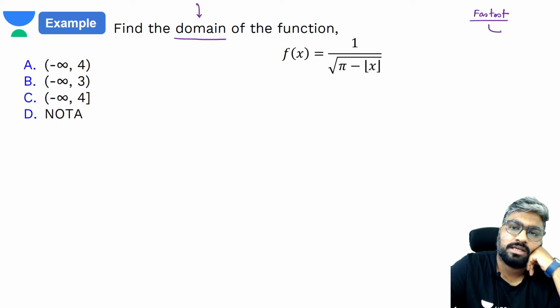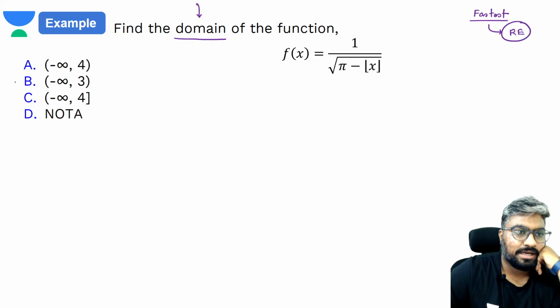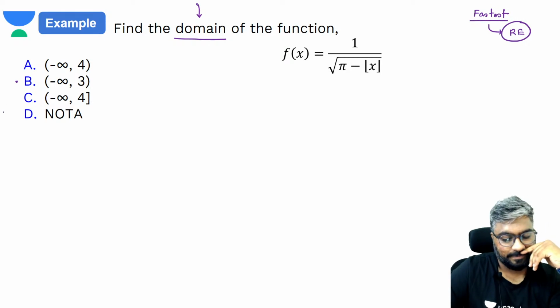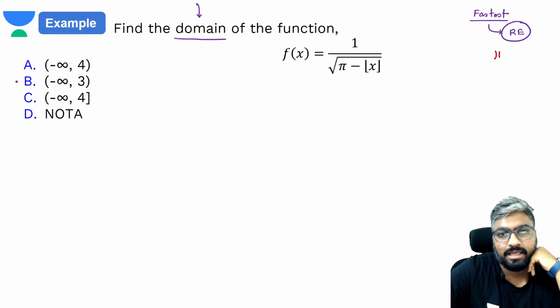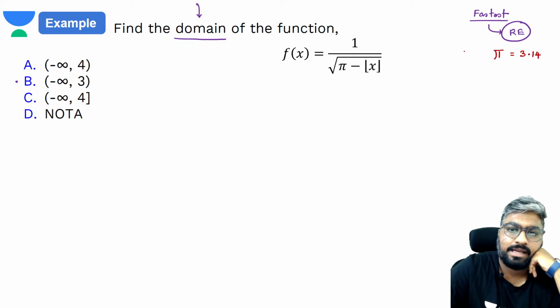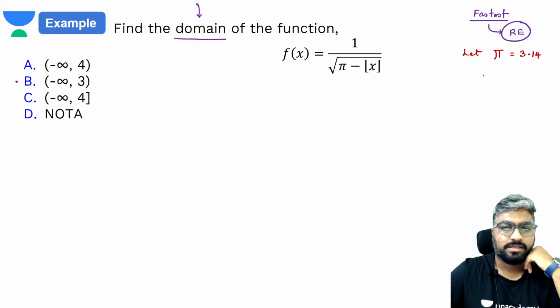Krishna and Lekhna are saying B. For our usage, let's assume pi is equal to 3.14, to make it a little easy for us.